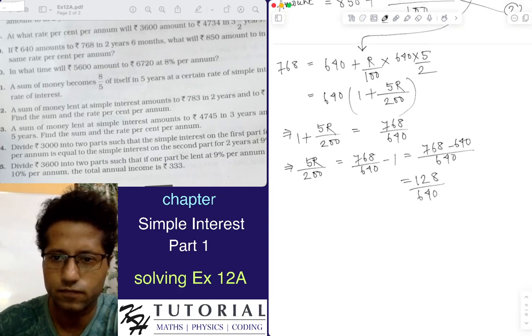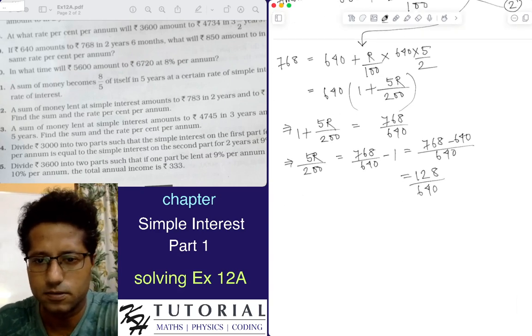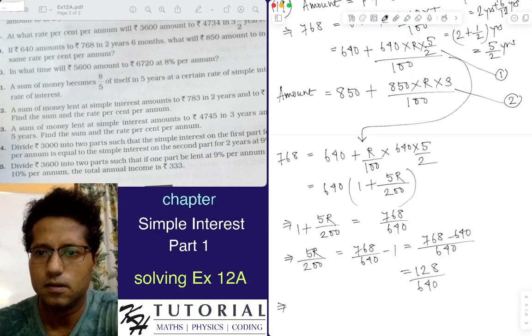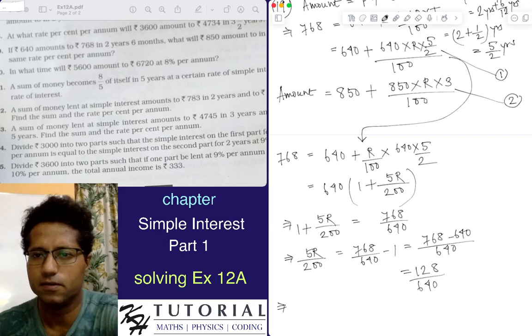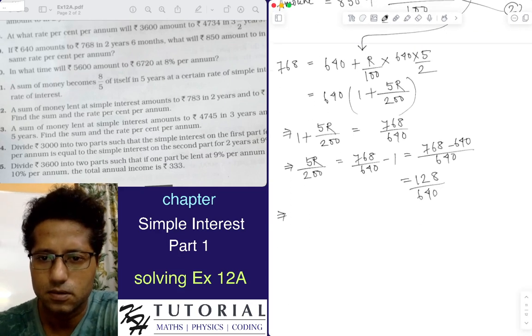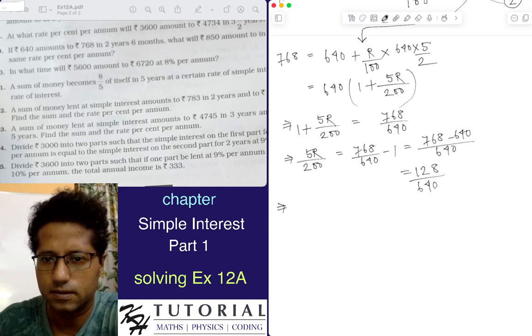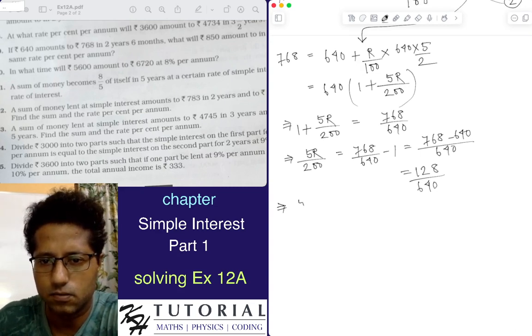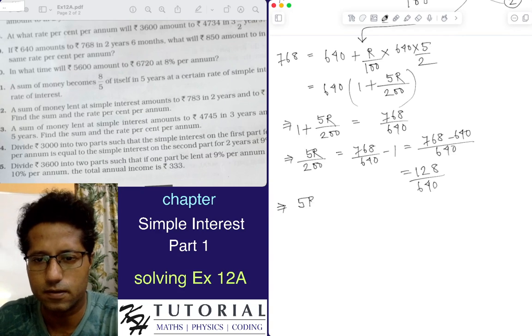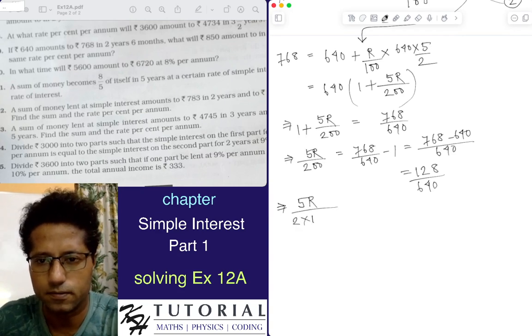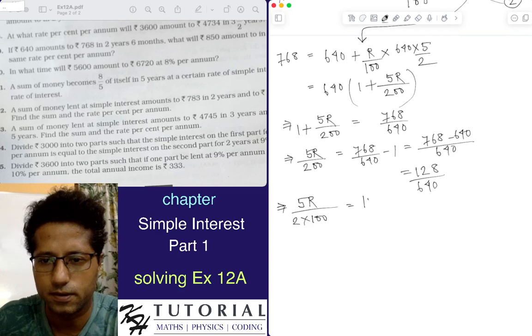Now what value we need in equation 2? R by 100. If we can somehow find R by 100, that will also help. So from here we can say that 5R by 2 into 100 equals 128 by 640.